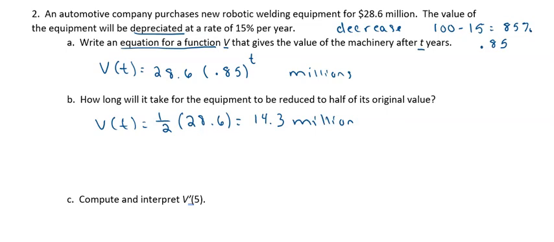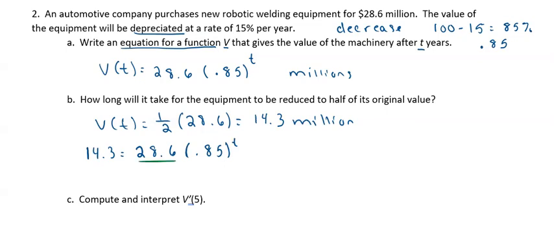We can figure that out because we have our equation right here, and now we know our v of t value. So if we have our equation and we know our v of t value, we can substitute it in. So 14.3 is equal to 28.6 times 0.85 to the t. Now we need to solve it down.